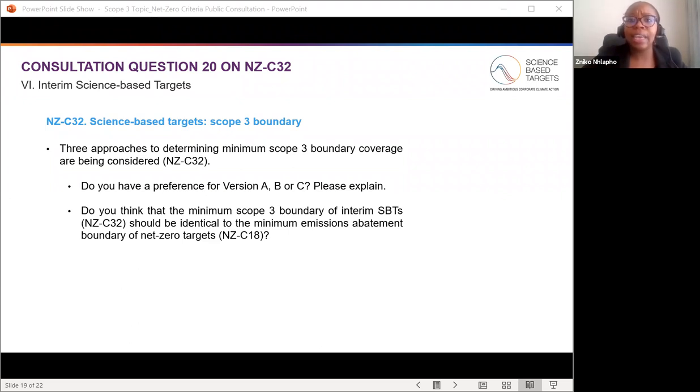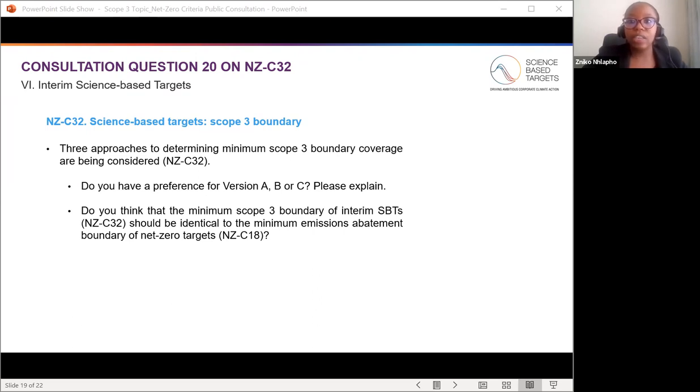And then secondly, we're asking whether you think that the minimum scope 3 boundary of interim SBTs that we've spoken about in C32 should be identical to the minimum emissions abatement boundary of net zero targets, which we spoke about in Criterion 18.